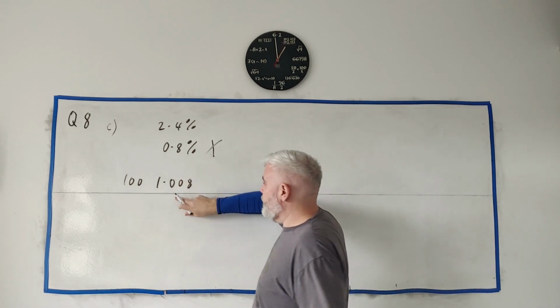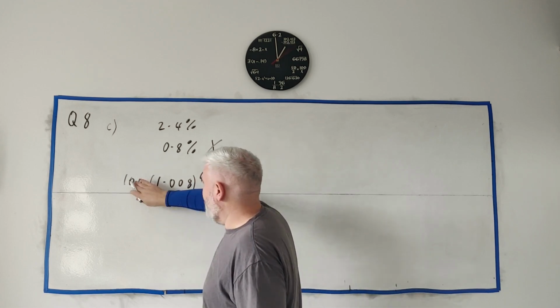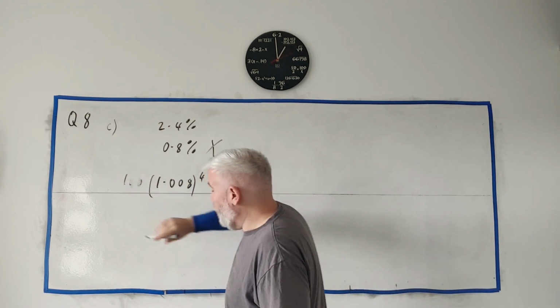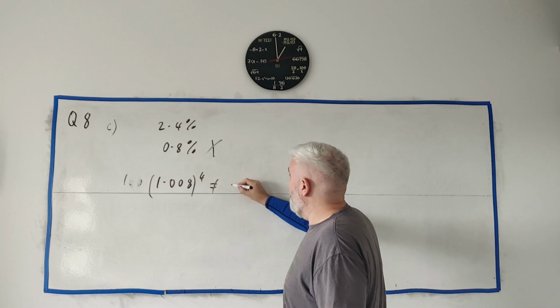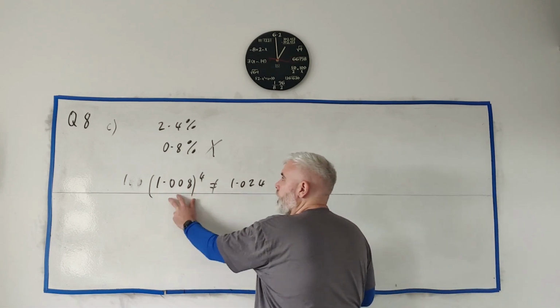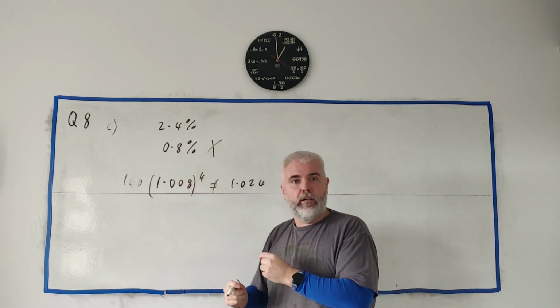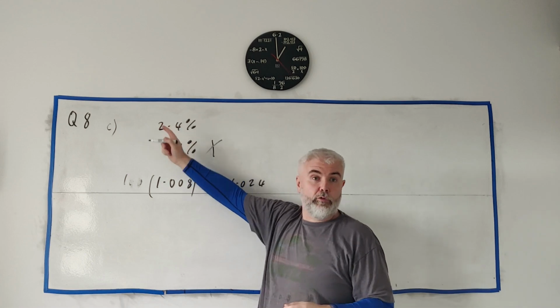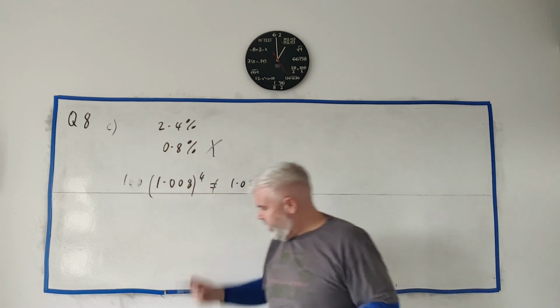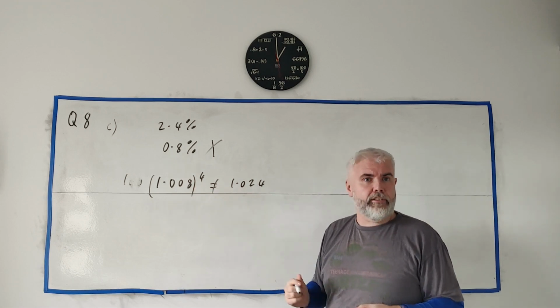That's what this number is when added to 1, to the power of 4. Let's leave out the 100, just assume that's a 1. This does not equal 1.024. So 0.8, doing this 4 times a year, would not get you to 2.4. I haven't written it down anywhere, but this wouldn't get you to this number.